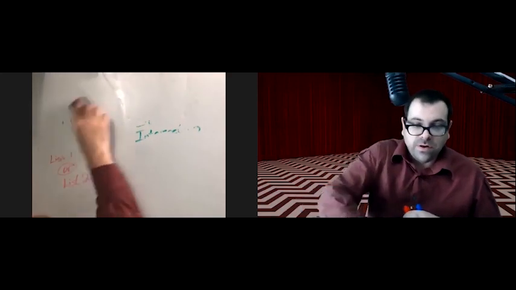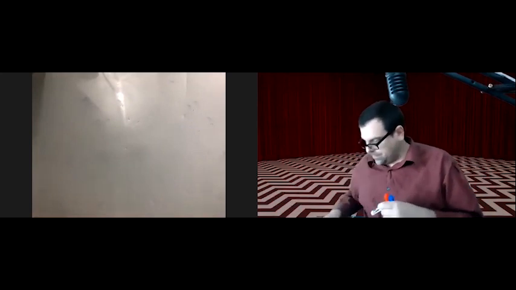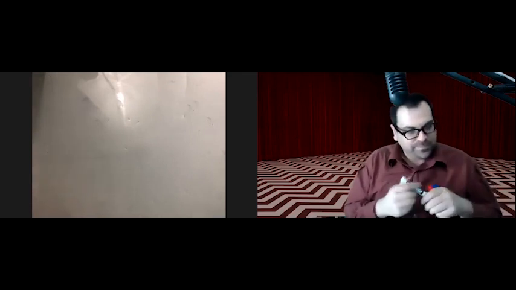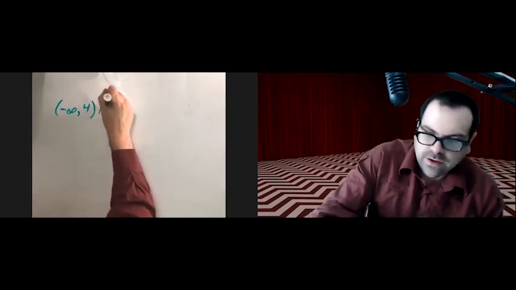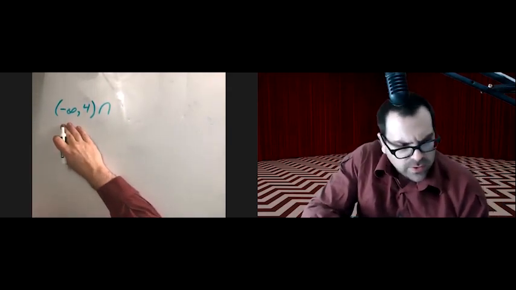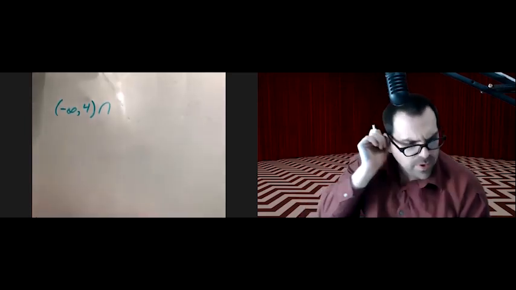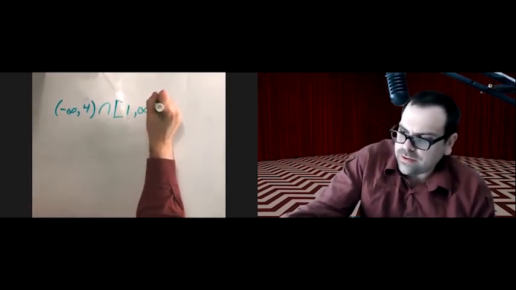Okay, we have time for some more examples. Let's take a look at the resulting set of negative infinity to 4, parentheses on both, intersection, square bracket 1 to infinity.